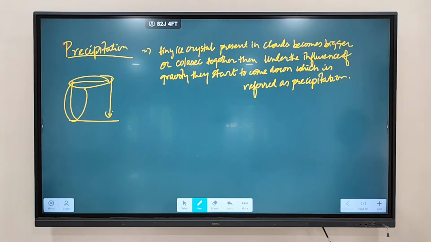Tiny ice crystals present in clouds become bigger or coalesce together. Then under the influence of gravity, they start to come down, which is referred to as precipitation.